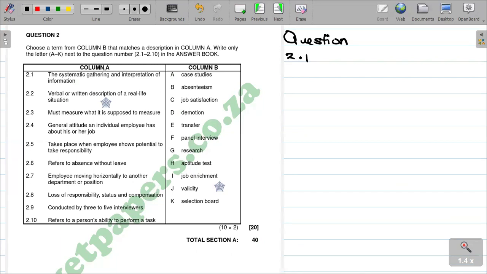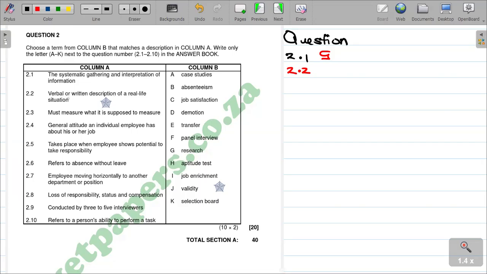Here you are supposed to match column A with the description in column B. The systematic gathering and interpretation of information is what we call research. A research is the systematic gathering and interpretation of information, right? Let's go to 2.2.